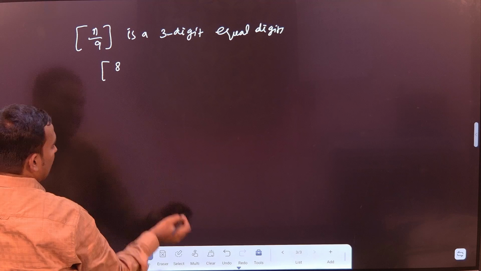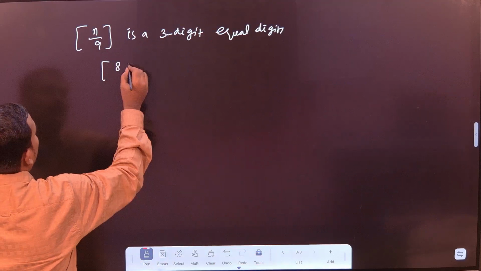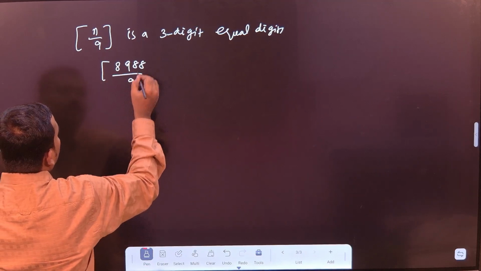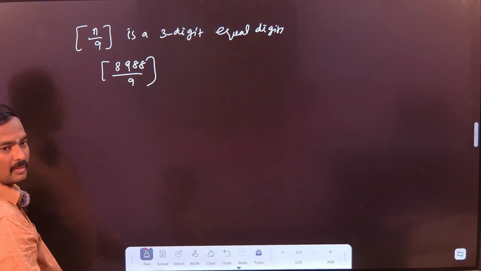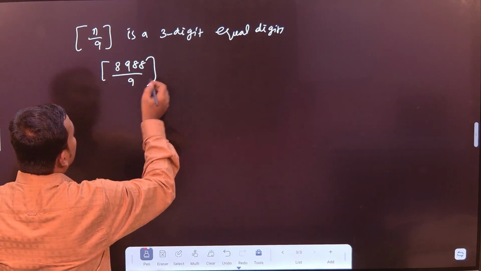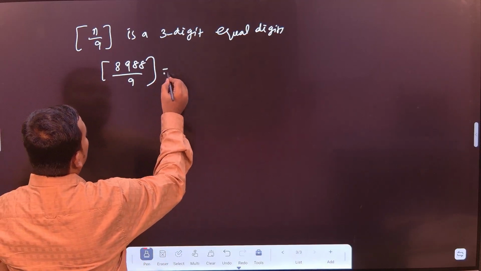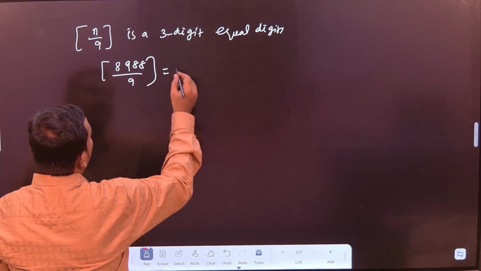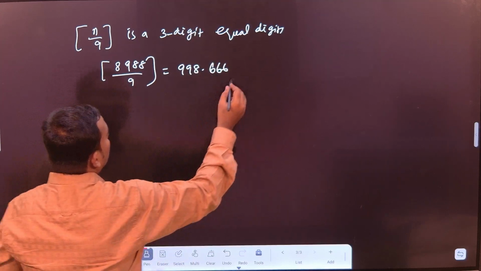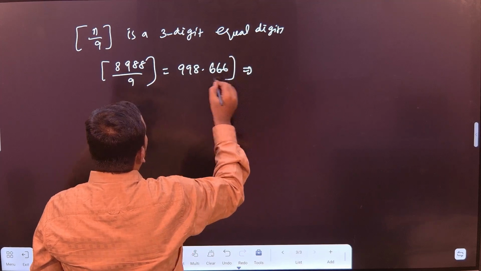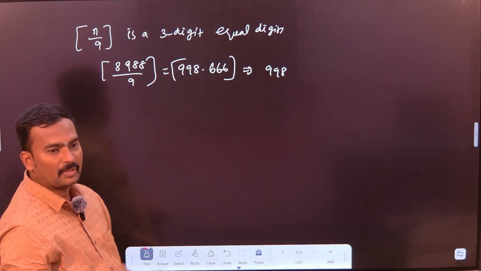Okay, so what are the possibilities? If I take 8988 by 9, approximately 998.66 you'll get. The greatest integer will be 998, so all the digits are not the same here.